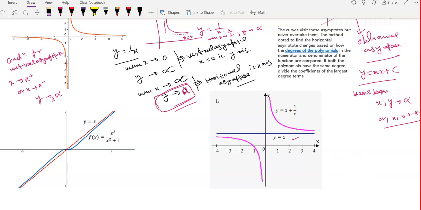Whether a vertical asymptote exists here or not, check. At x equal to 0, y tends to what? Infinity. So the y axis is going to be the vertical asymptote.